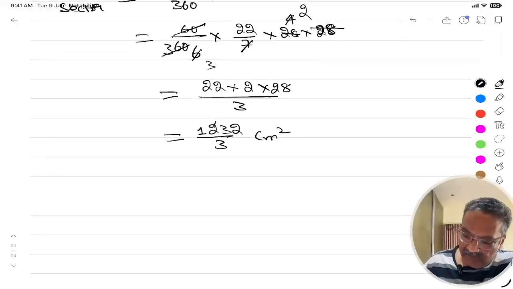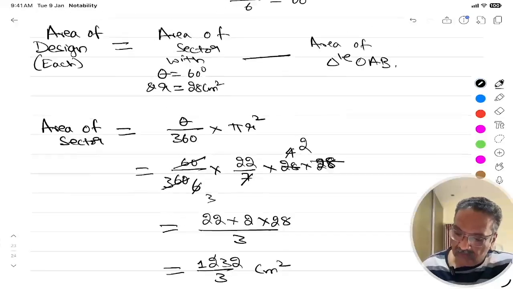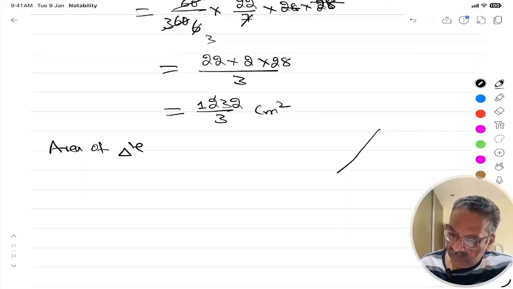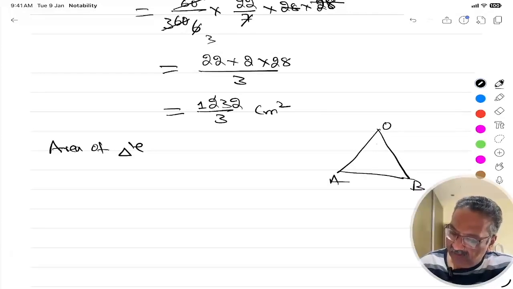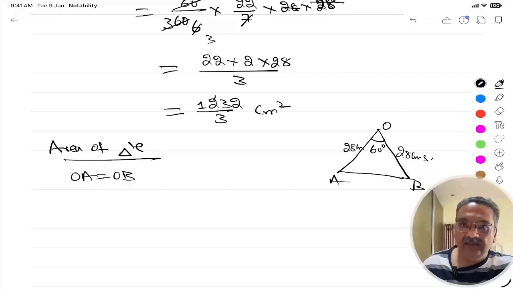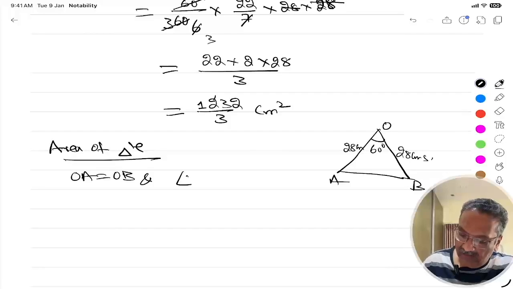Now the area of the triangle. Let's take the triangle OAB. This angle is 60 degrees, and this is 28 centimeters and this is 28 centimeters. See, OA is equal to OB, and angle O is equal to 60 degrees.